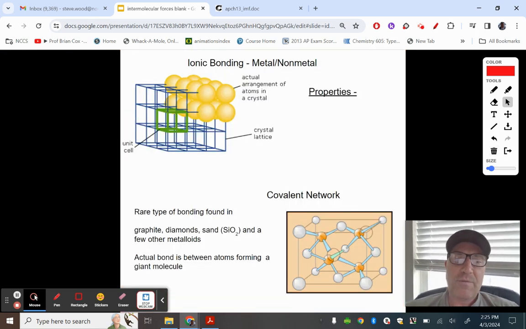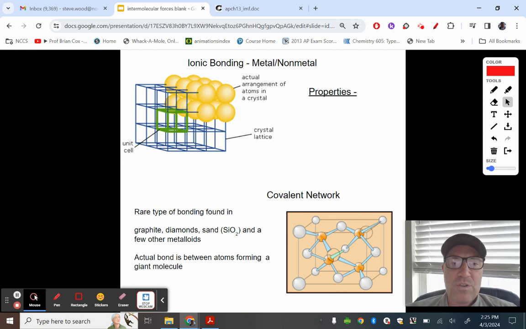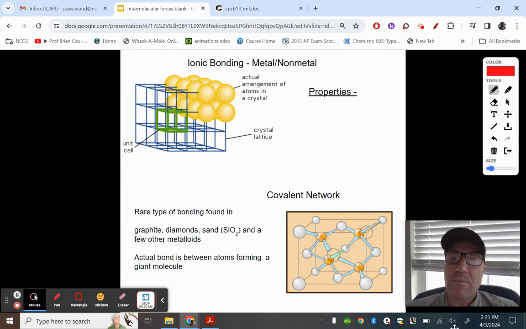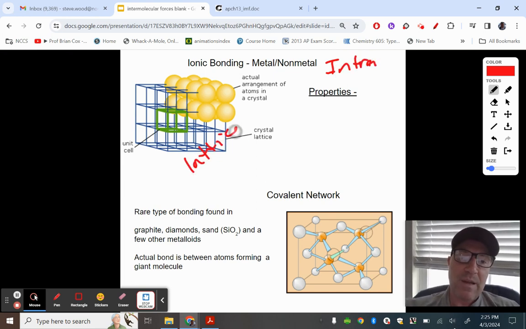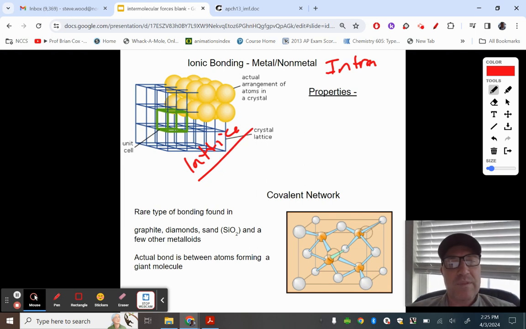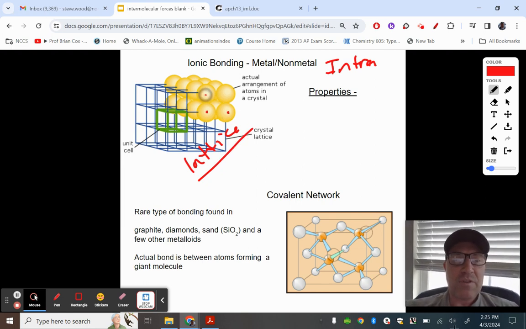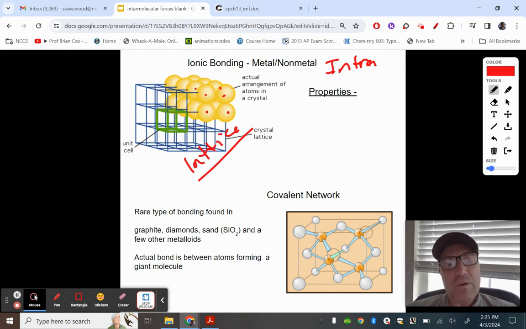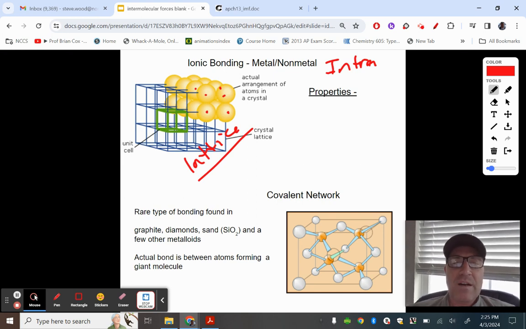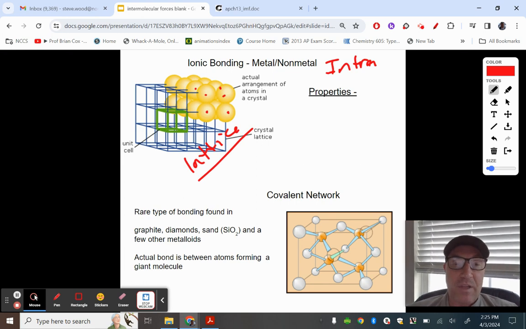All right, let's go through the different types. First thing, ionic bonding is an intramolecular force. These things will form what we call a lattice, which we've already kind of talked about. Lattices are repeating structures where there's a cation with an anion. And these lattices are super, super strong.